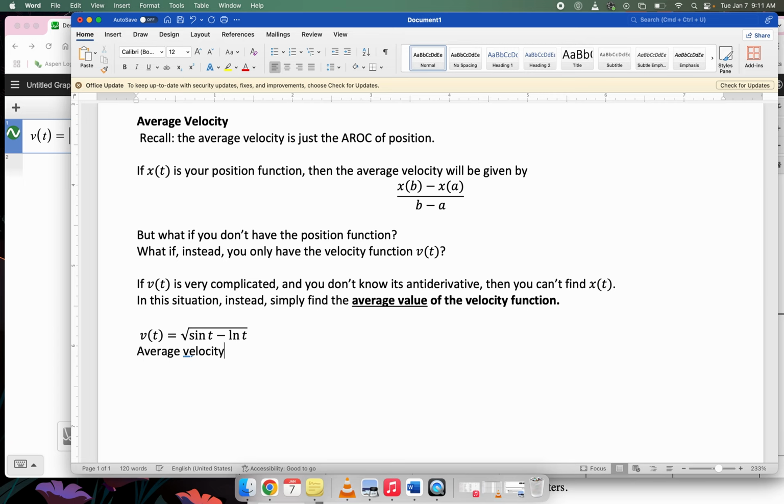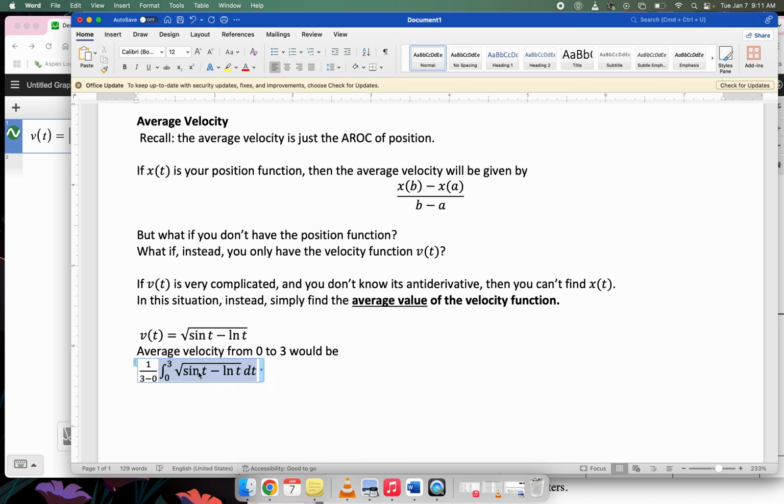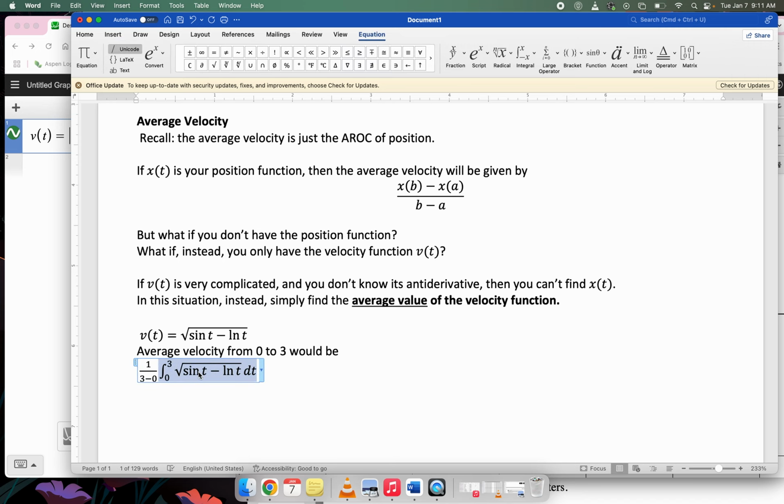Average velocity from 0 to 3 would just be 1 over 3 minus 0 times the integral from 0 to 3 of this function. And if you have a calculator, then you can use your calculator to find the value of that integral, right? And then just divide by 3, and you've got the average velocity. And that allows you to find the average velocity even though you don't know what the position function is, okay?